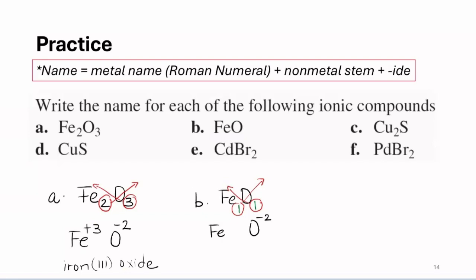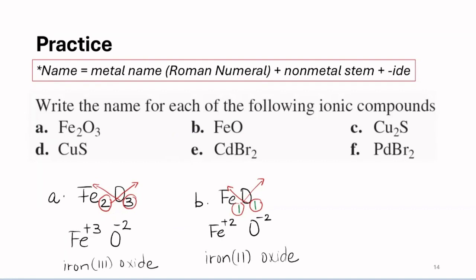And when we do that, meaning assign to iron a plus 2 charge, we can rationalize that if we take these ions and they cancel the charge, indeed, we get this chemical formula as the final answer. Now we can name our compound, which in this case is going to be iron, Roman numeral 2, oxide.